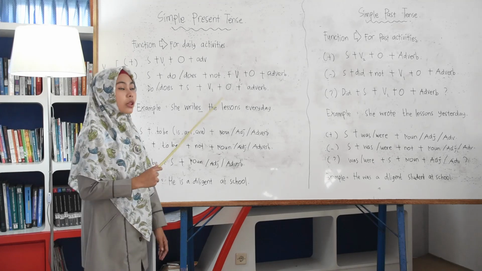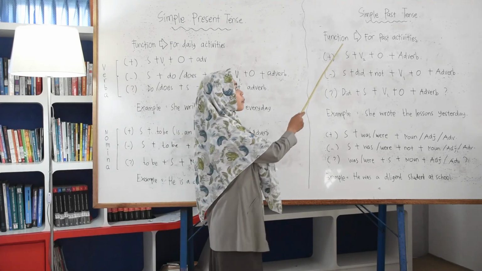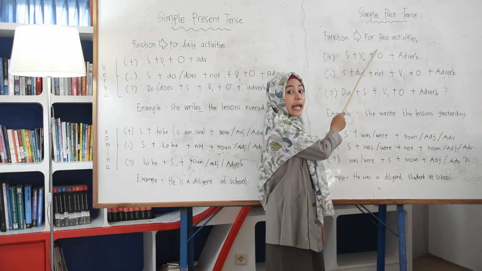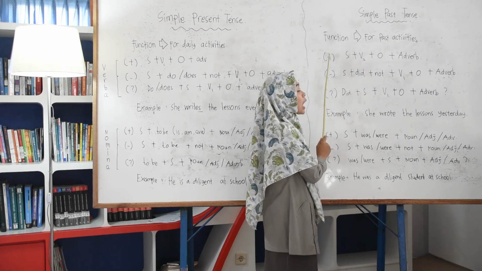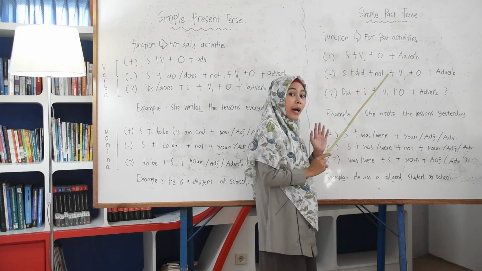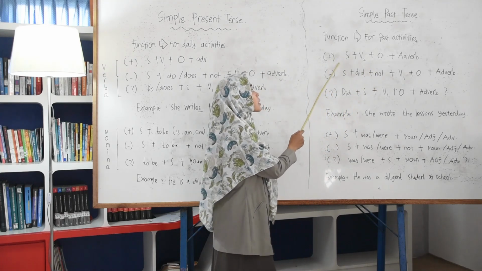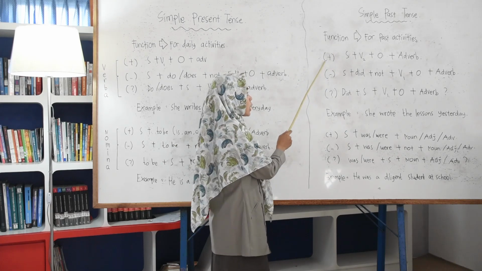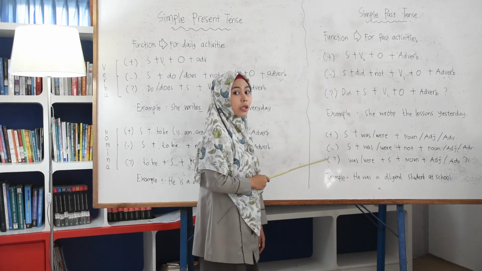Okay, let's talk about simple past tense. Simple past tense, the function is for past activity. So this activity happened in the past time. The forms, there are two forms too, verbal and nominal.